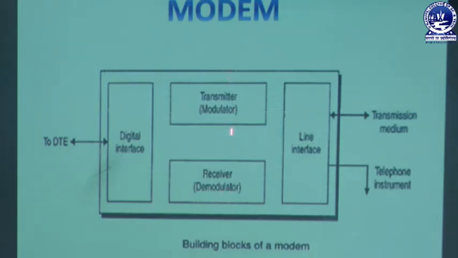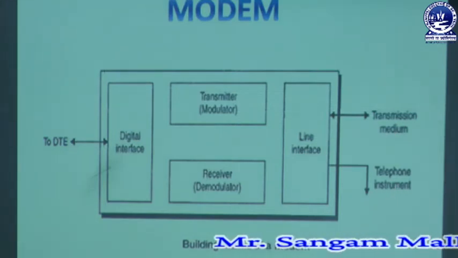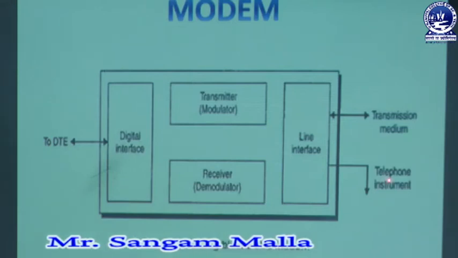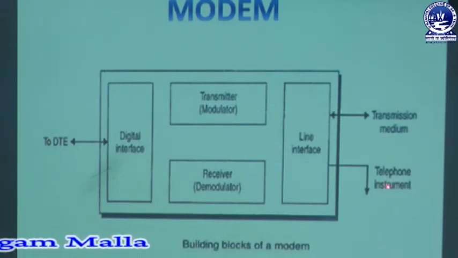The transmitter and receiver take the help of the line interface, which has two parts: a transmission medium and a telephone instrument. The transmission medium can be wired or wireless. The telephone instrument refers to the devices that are used by the telephone companies to send messages from one location to another. So this is the building block of a modem.